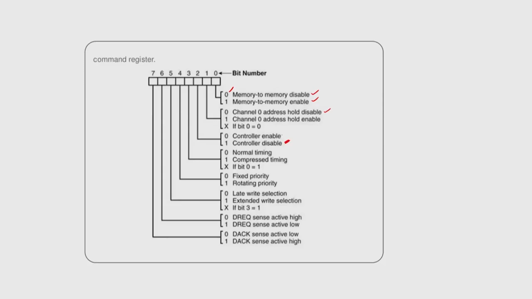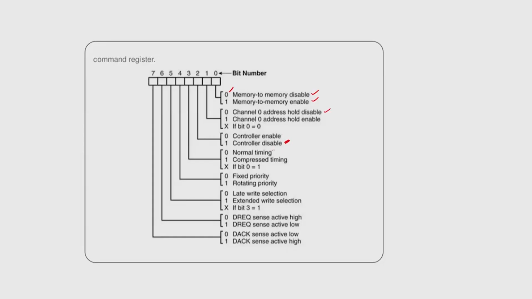This will be clear if I give an example. So, 0 means the controller will be enabled, 1 means the controller will be disabled. And for the timing, we want either normal timing or compressed timing. We can compress the time by a scaling factor, but normally we use normal timing. So, 0 for normal timing, 1 for compressed timing.